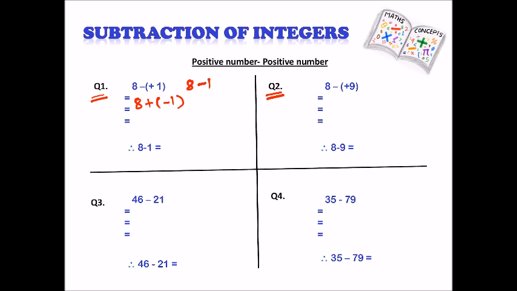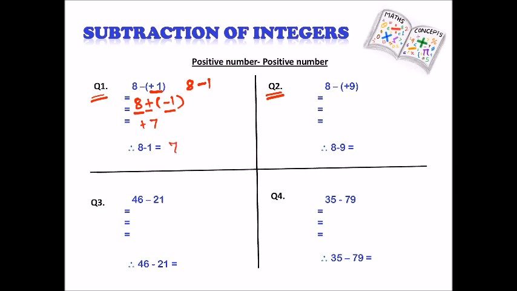Okay, subtracting a positive integer is the same as adding a negative. Okay, so this becomes an addition problem with one positive and one negative integer. We find the difference of absolute values 8 and 1, that is 7, and we give a plus sign to the answer because plus 8 has the higher absolute value.